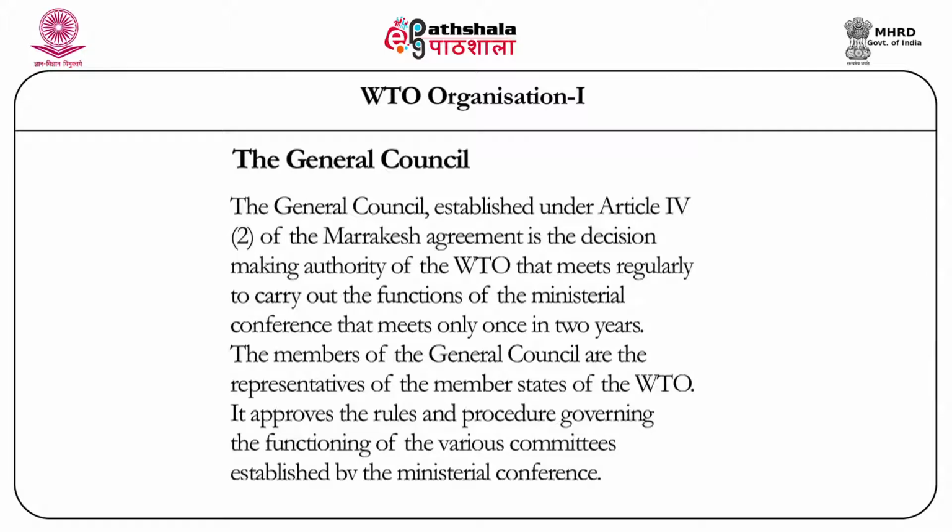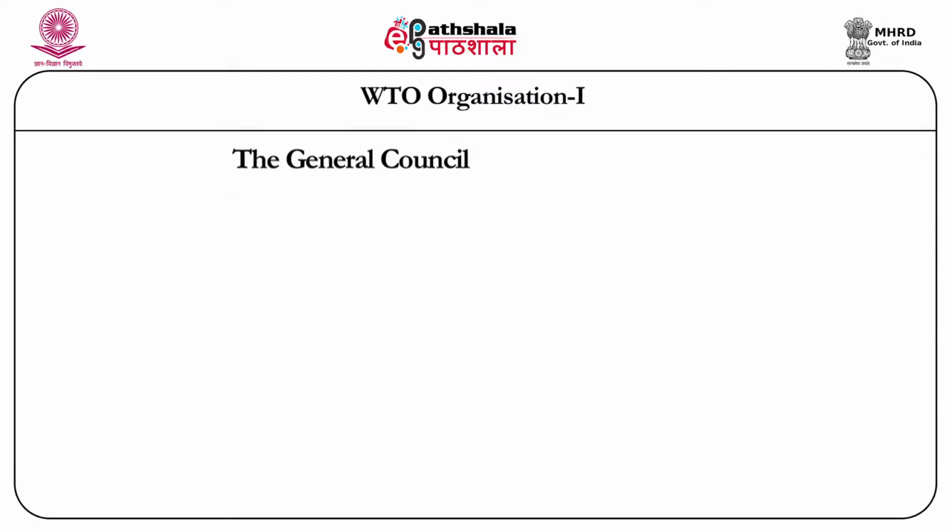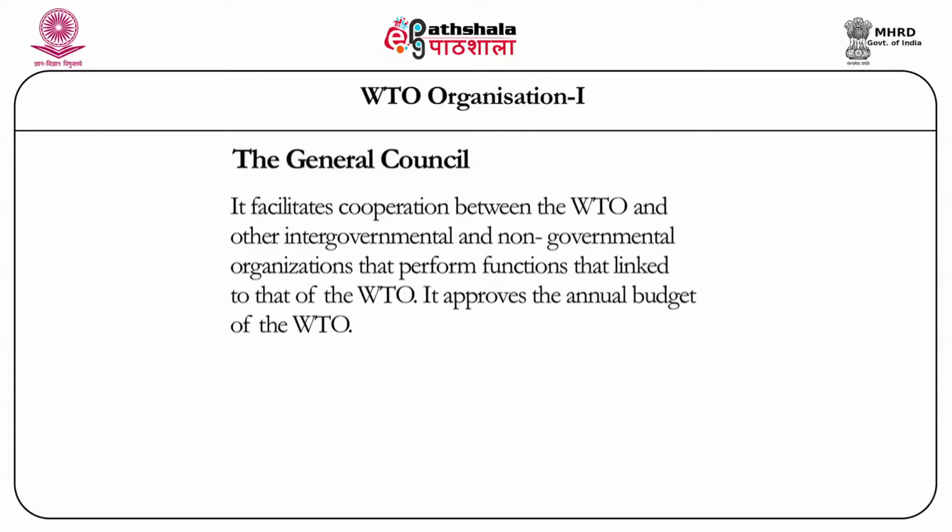It approves the rules and procedure governing the functioning of the various committees established by the Ministerial Conference. It facilitates cooperation between the WTO and other intergovernmental and non-governmental organizations that perform functions linked to that of the WTO. It approves the annual budget of the WTO.